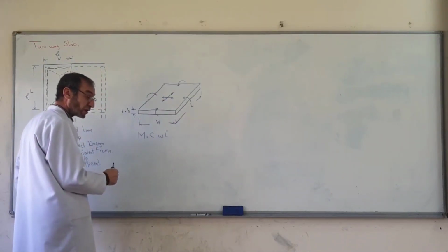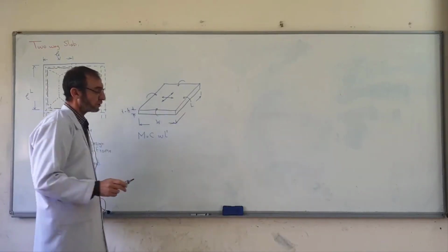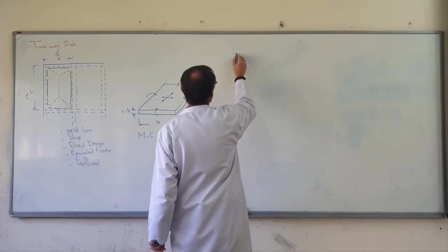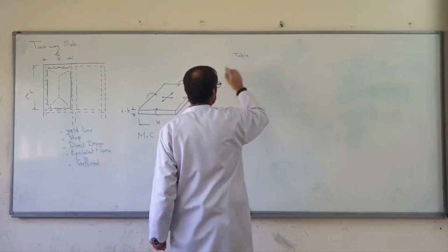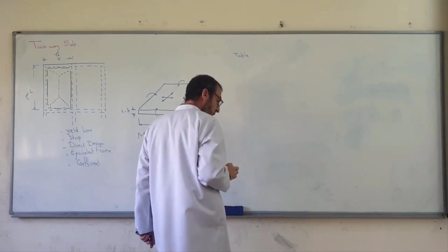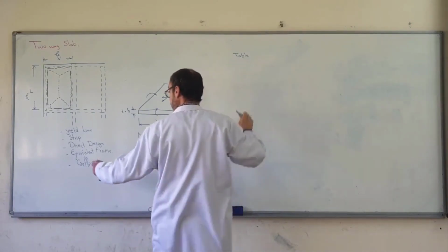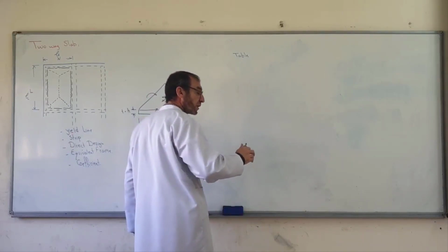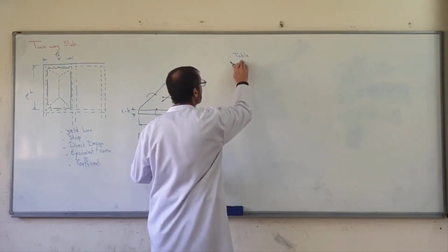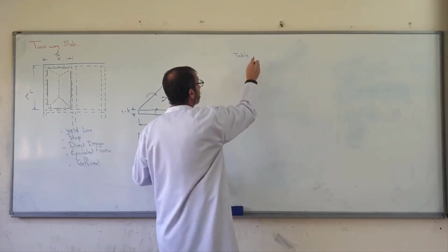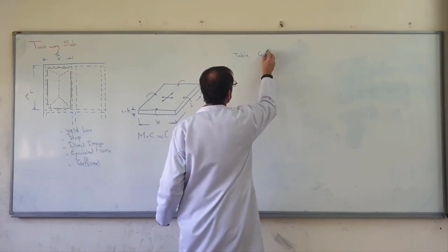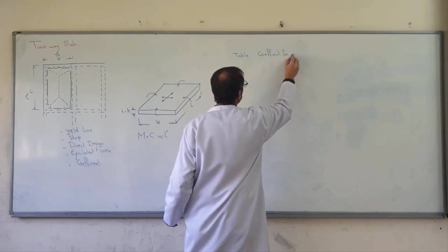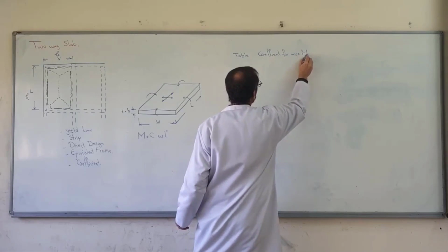How can we find this coefficient? We go to the tables. This is the simplest way. These tables were found by one of these methods, especially yield line. We have the coefficient for negative moment and the coefficient for positive moment.